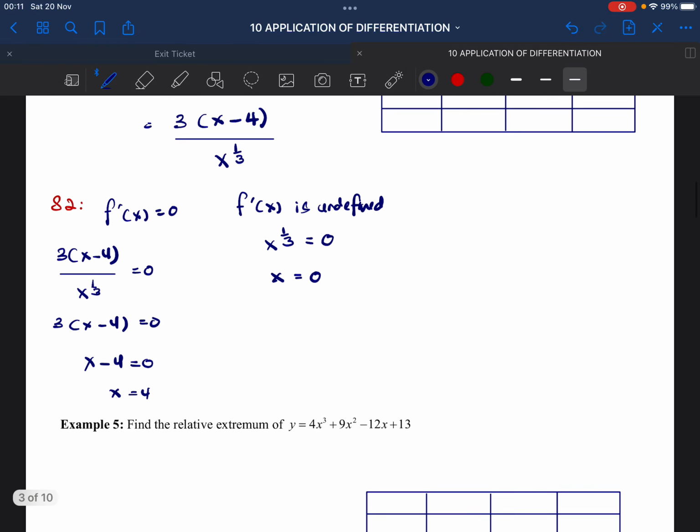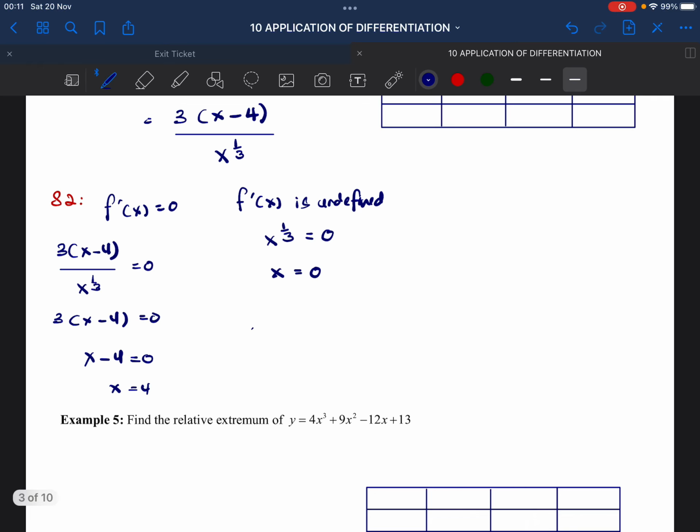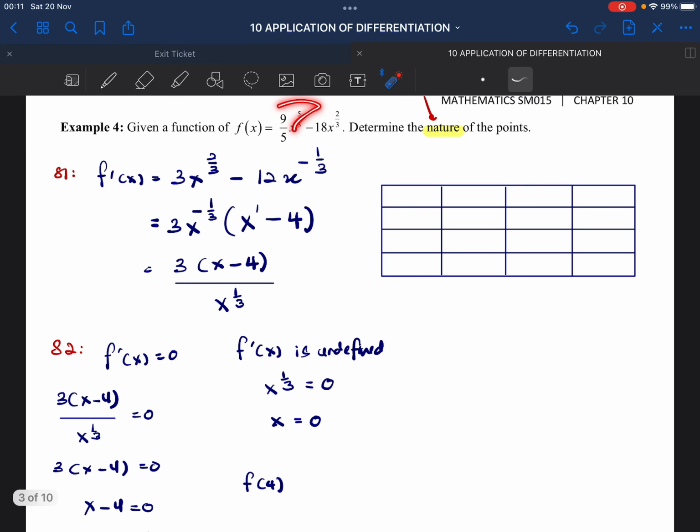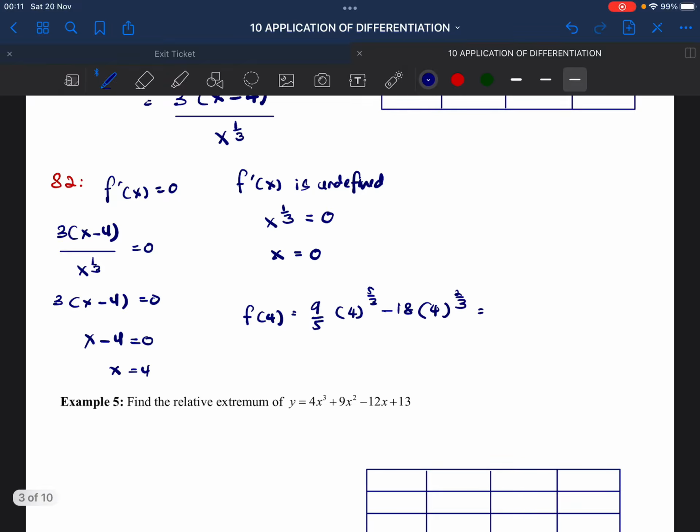Okay, just find our value of y. So f(4), substitute into the original equation here. So equals to 9/5 times 4^(5/3) minus 18 times 4^(2/3). Here we get the answer, negative 27.2.